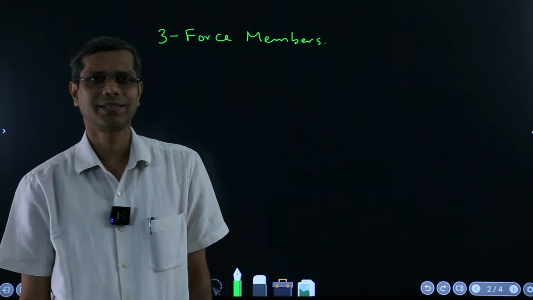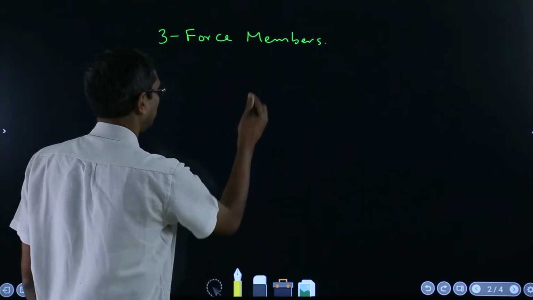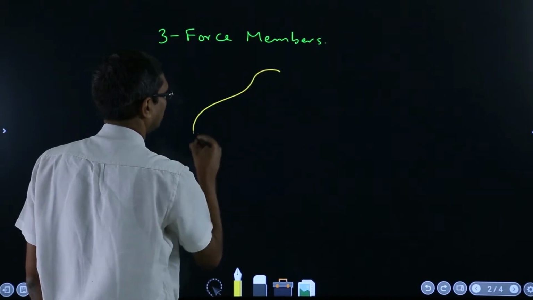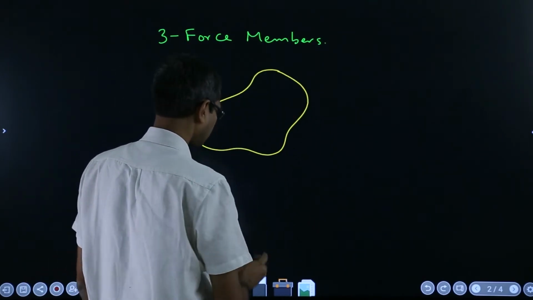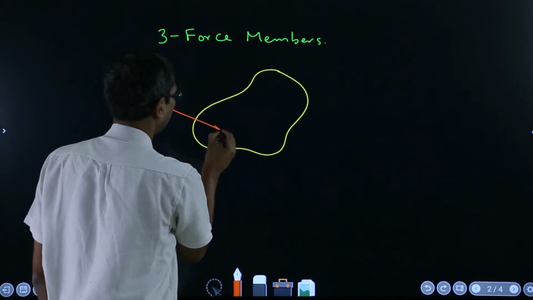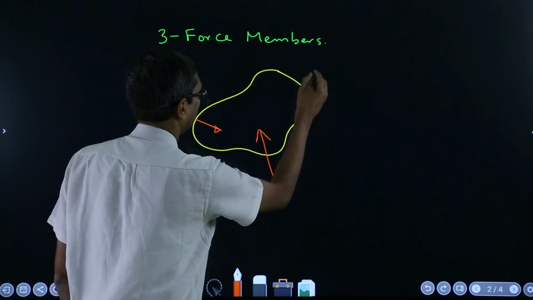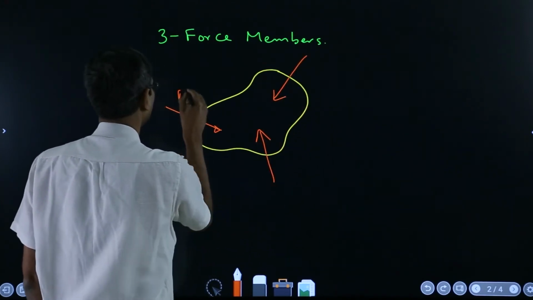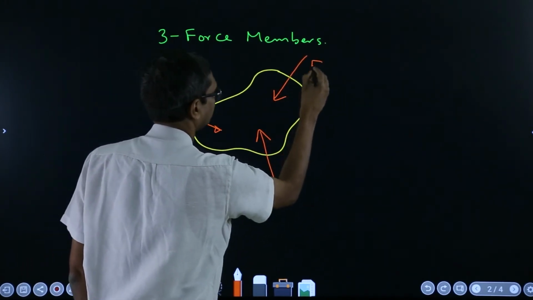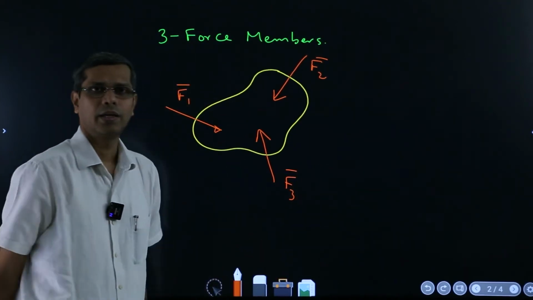As the name suggests, obviously the body will be subjected to 3 forces. So suppose this is the body, and we have 3 forces like that, F1, say F2 and F3.